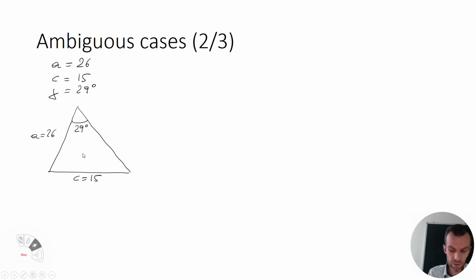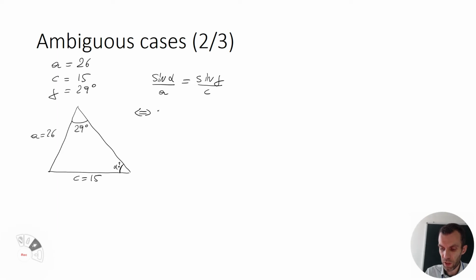So now let's compute some of the other properties. Let's in particular have a look here at this alpha and try to calculate it. So again, we take our sine formula. Sine alpha over A is sine gamma over C. We have all the elements.